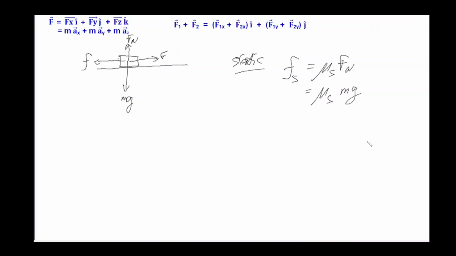Then once the body starts moving, we now have kinematic friction, and that's designated as F sub k, and that's equal to the coefficient of kinematic friction times normal force, which again is equal to μk mg.